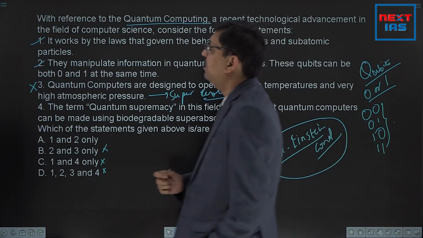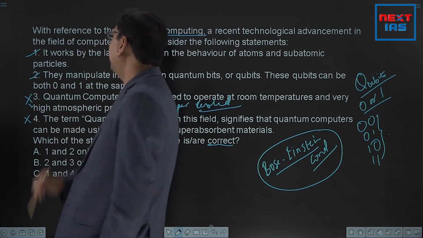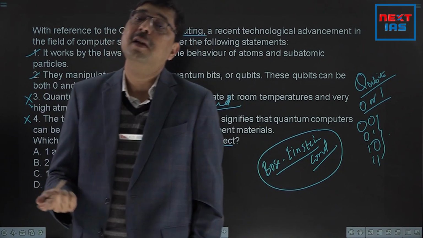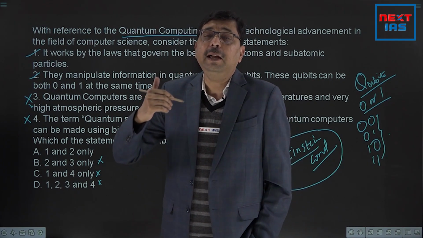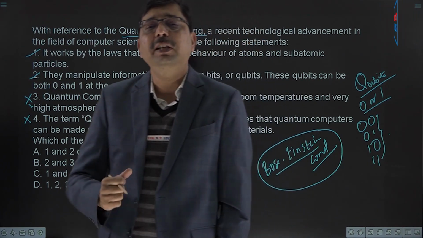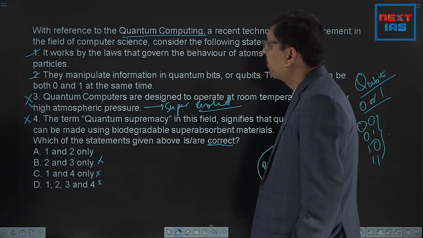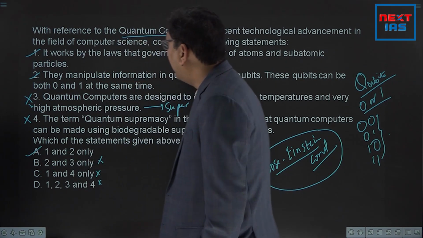So this statement is also wrong. Quantum supremacy is the performance of these quantum computers vis-a-vis the conventional computers. So here the correct answer is A, 1 and 2.